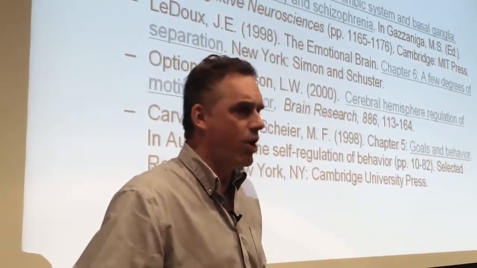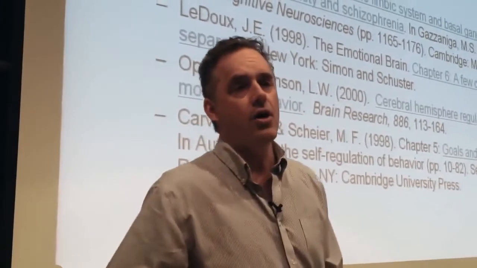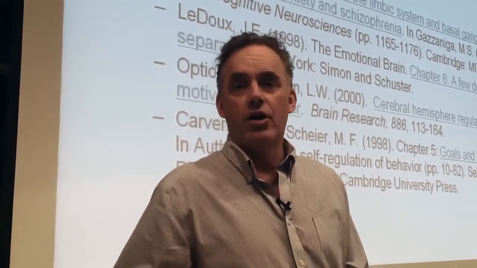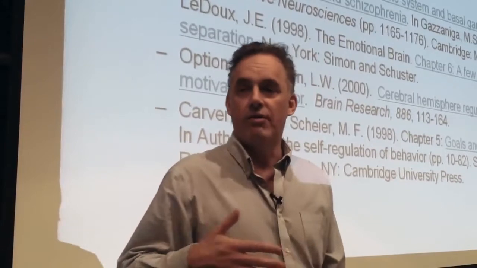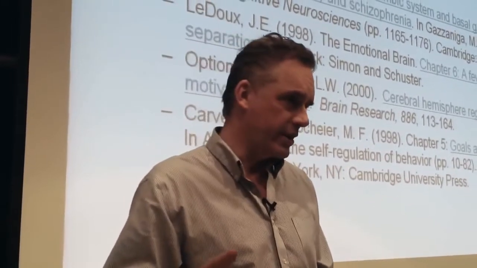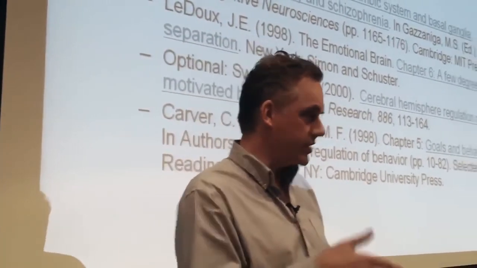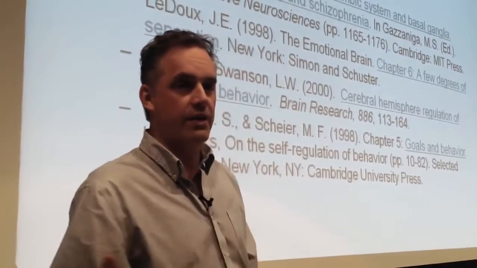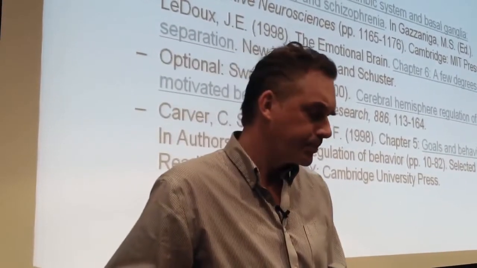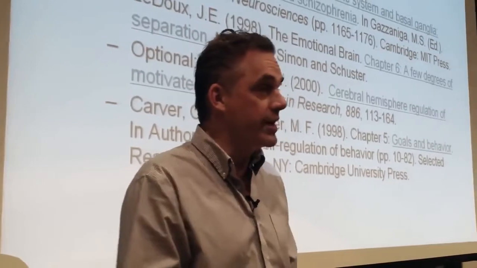And Gray did a remarkable job of extending our knowledge of the biological and evolutionary basis of at least the first 2 personality traits, say extroversion and neuroticism, roughly corresponding to positive and negative emotion. So that's partly why you're reading Gray.